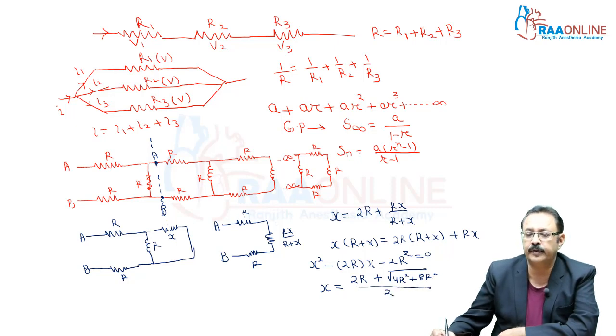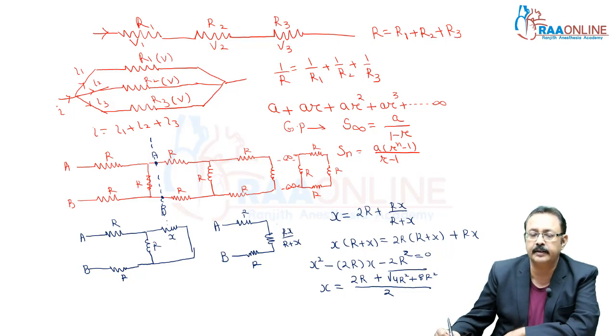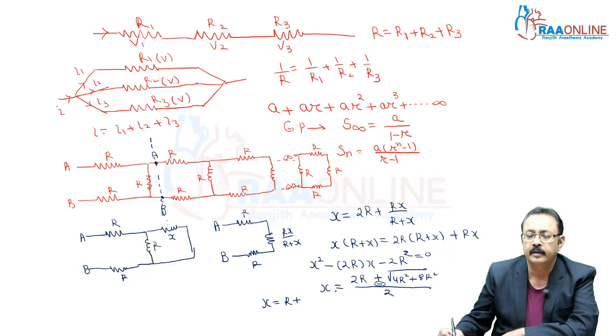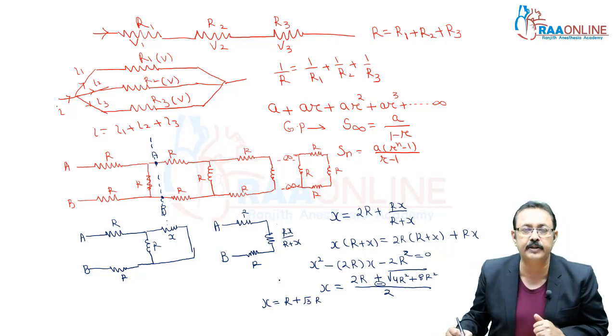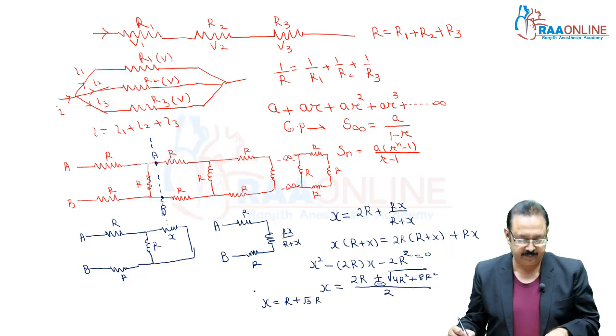It is 12R square, take R common, 12 means 2 root 3, cancel 2 with 2. So x is equal to R, not taking the minus sign, resistance cannot be negative, so I am ignoring this minus sign. So it will become root 3 R. So I got the total resistance. So in this way we can solve it.